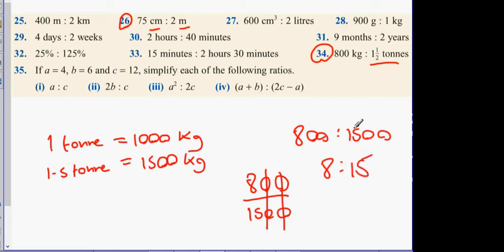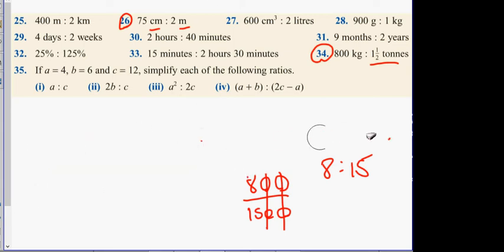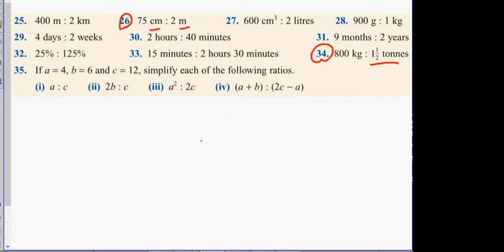Now, they try and make this a bit harder. To make this harder, they're going to give you an example where they say this is A, this is B, and this is C. And they're going to go, for example, part 4: find the ratio of A plus B is to 2C minus A. Now look, what is A plus B? 10. 4 plus 6 is 10.